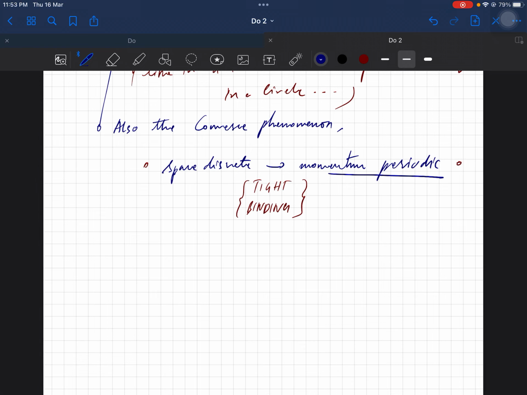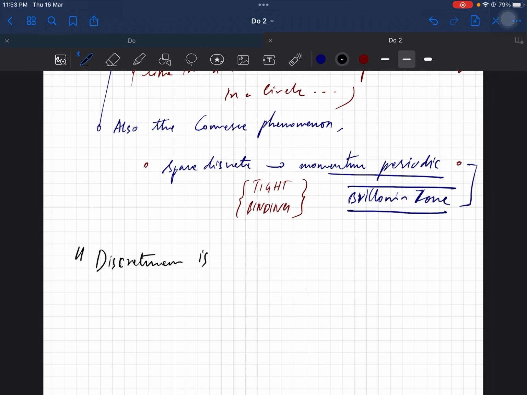It has to lie in the Brillouin zone. Discreteness.